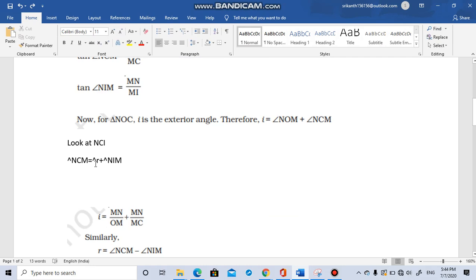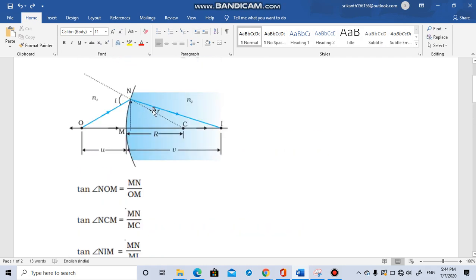Now we want to get an equation for R. What is R? R is the refraction angle, isn't it? So you have to draw a normal, and you have to see this ray has bent inside. So we have to see with respect to the normal. The normal is passing through the C. We have already discussed this point that if you connect this C and this point, there will be a tangent over there.